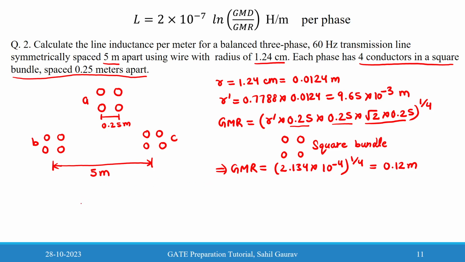So here the inductance value for bundle conductors is also the same, a three phase system. So 2 into 10 to the power minus 7 ln d divided by GMR Henry per meter. This will be per phase. This question also asks about the inductance per meter.